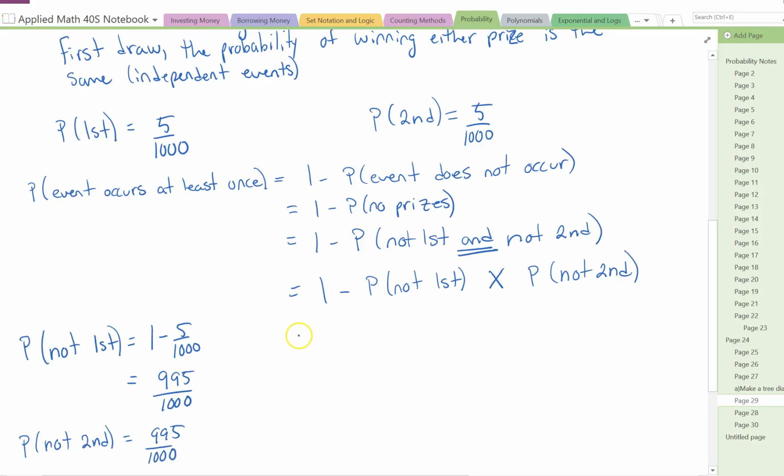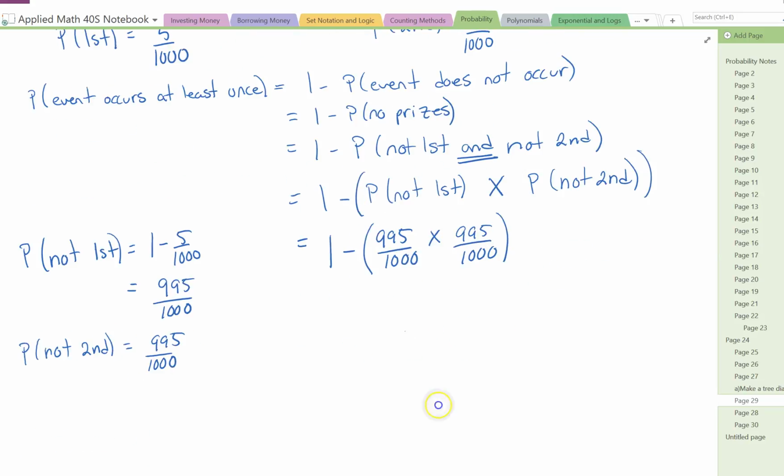So mathematically up here, 1 minus 995 out of 1,000 times, you're multiplying these together. If you want to put this in brackets, just to make sure we're using proper math here, 995 out of 1,000. Now these are going to give you big numbers, but that's okay, you're using your calculator.